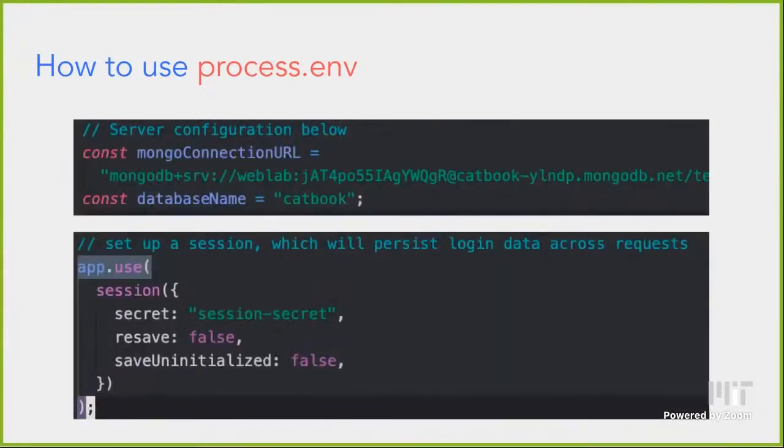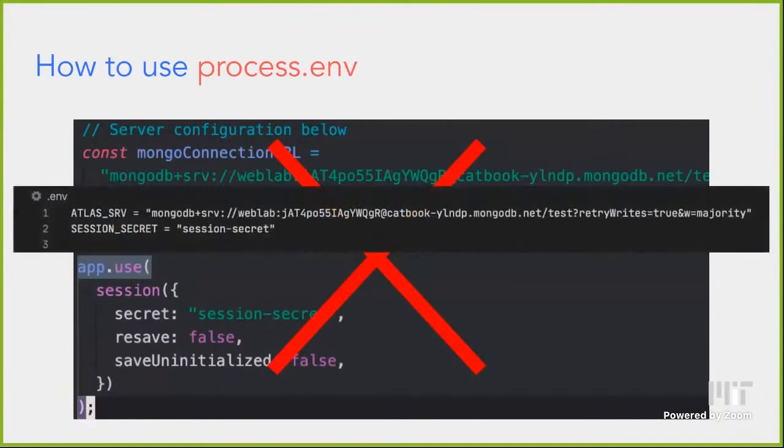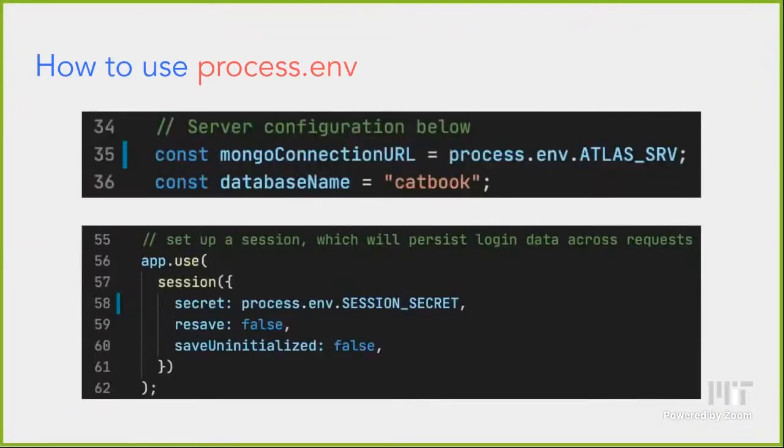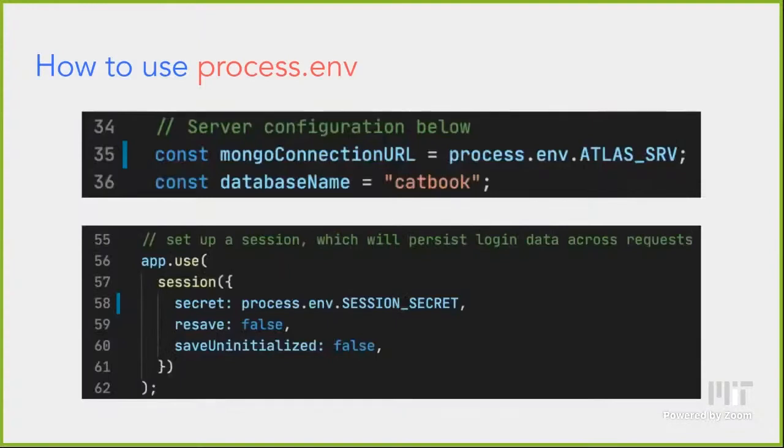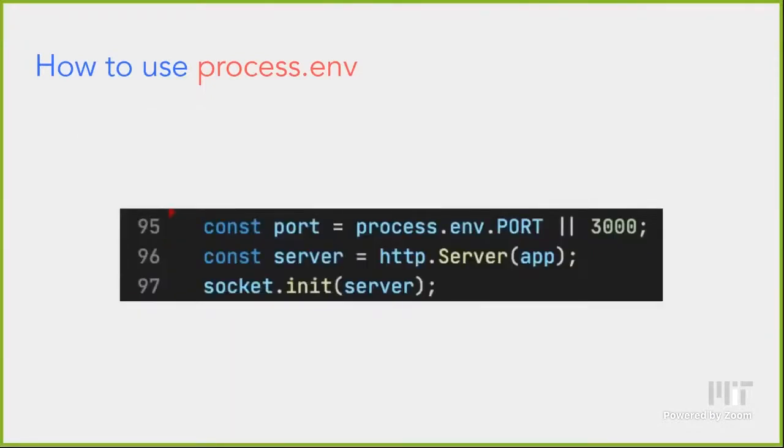So instead of having code that looks like this, where we've blatantly put in code some secret stuff that we don't want, we're going to replace them with their .env equivalents. If we define it in the .env as all capitals ATLAS_SRV, then in your code you'll refer to it as process.env.ATLAS_SRV in all caps. For a similar reason, we'll do the same thing with port at the bottom of server.js.